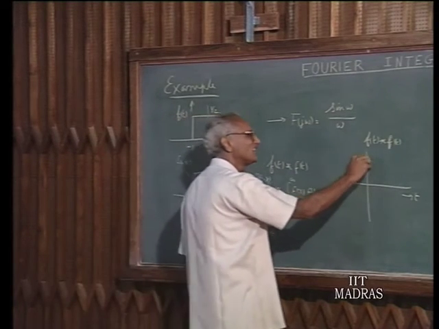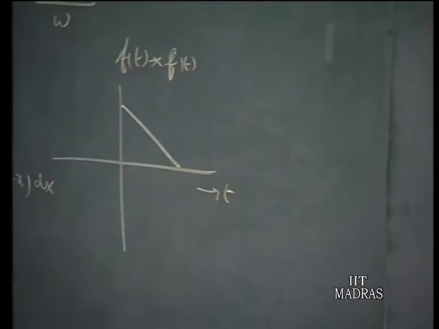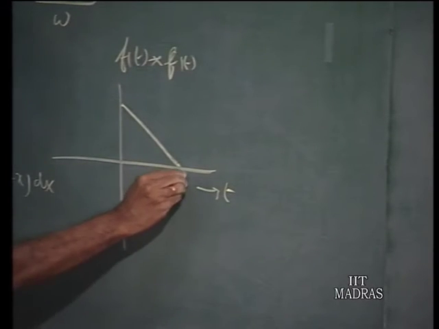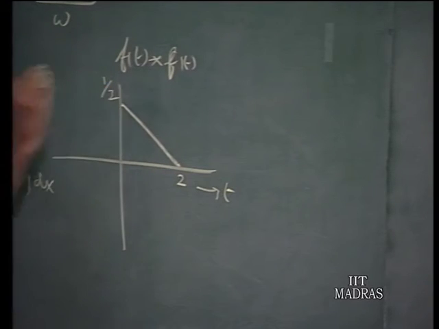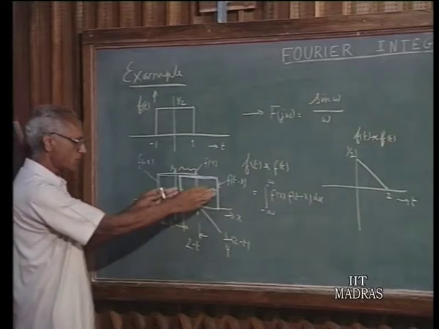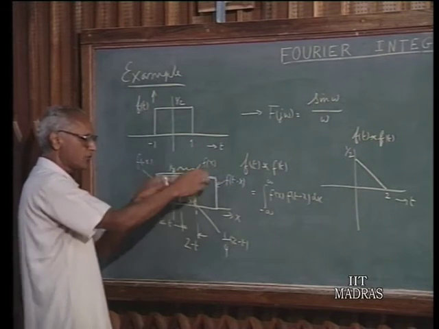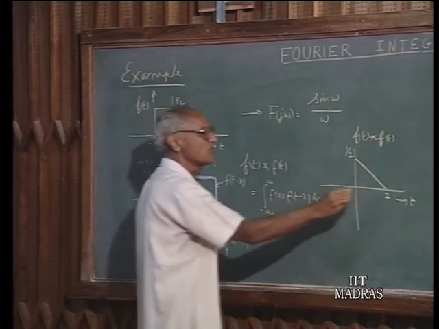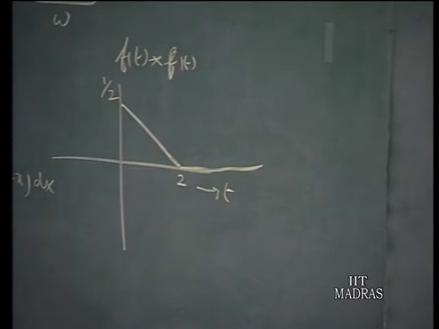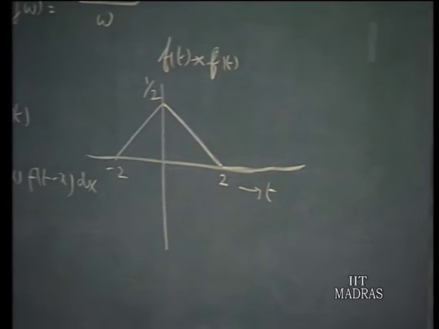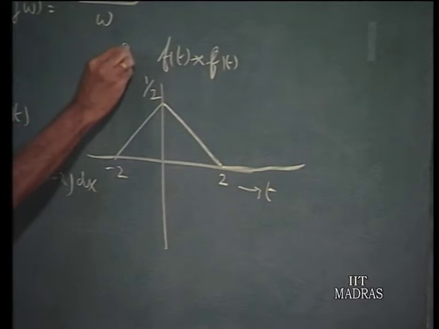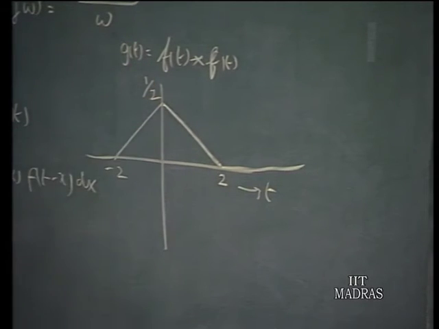So, it starts with half and becomes 0 when t equals 2, and beyond t equals 2, this curve comes away from this, and therefore, there will be no overlap area, and it becomes 0 from that point onwards. And if you proceed in the negative direction, you get a symmetrical result. It can easily be seen that this is minus 2. So, f t convolved with f of t, if you call that g of t, this will be the variation of this.